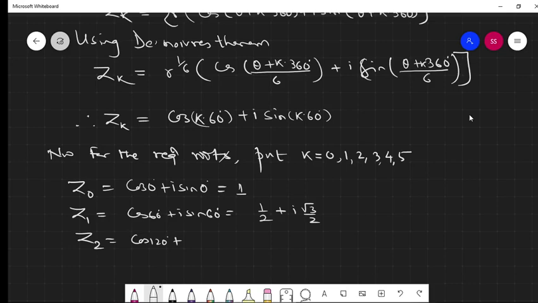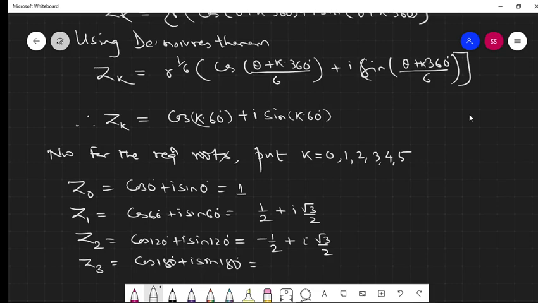And z3 is at 180 degrees: cos 180 degrees plus i sin 180 degrees, where sin is 0 and cos is minus 1.